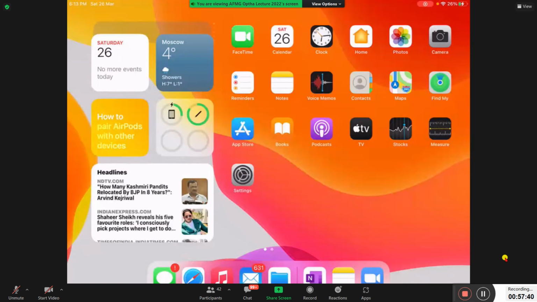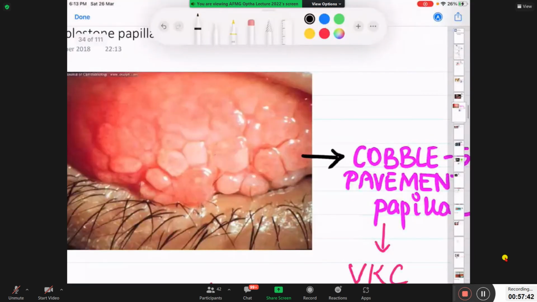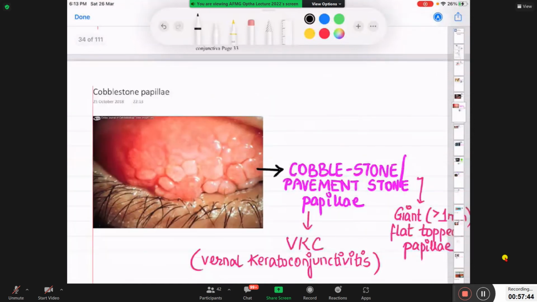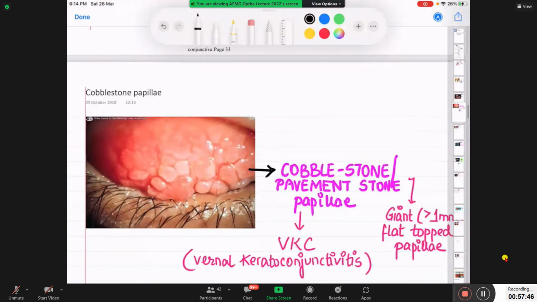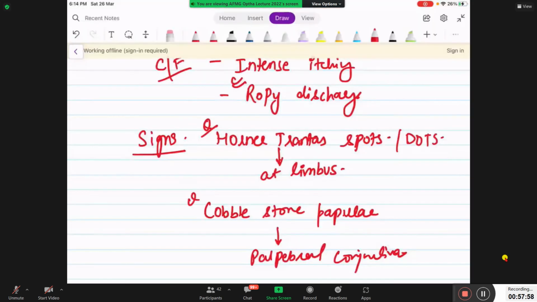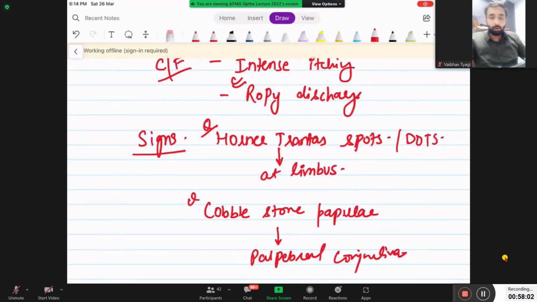If you invert the upper eyelid, can you see the cobblestone papillae? They are giant size, raised papillae. These are seen at the palpebral conjunctiva. Horner-Trantas spots are seen at the limbus. So location is also important.